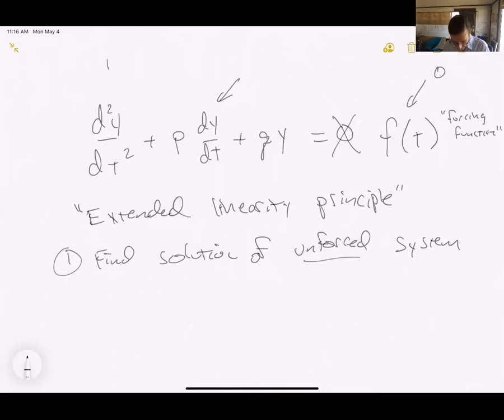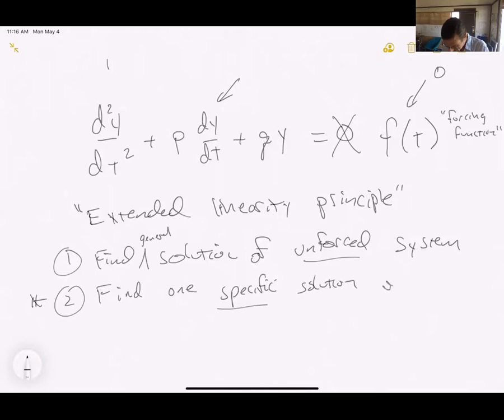The second step, and this is the hard step, is to find one specific solution of the forced system.